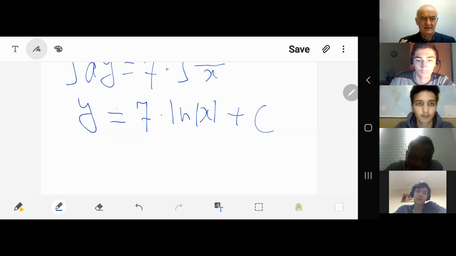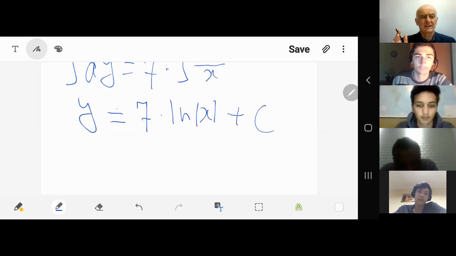Real numbers are infinite, and that's why the number of solutions for this equation is infinite.